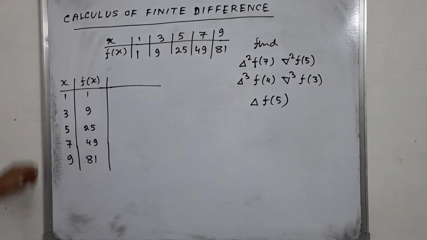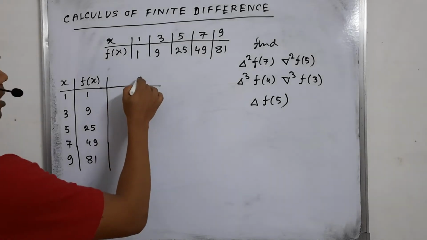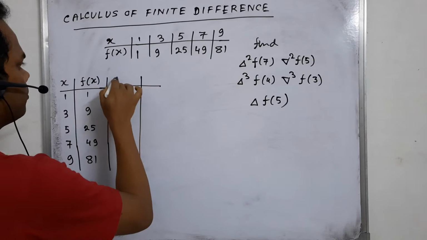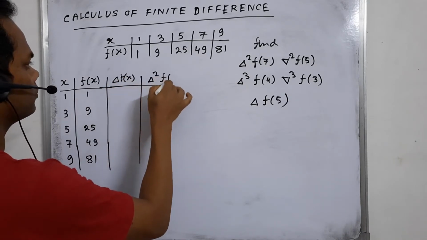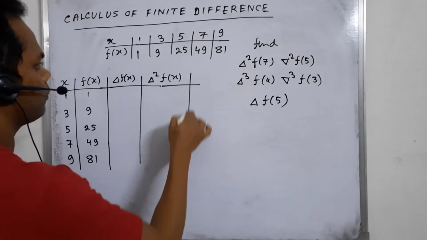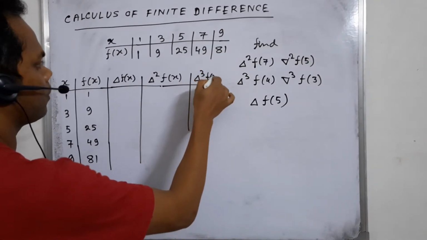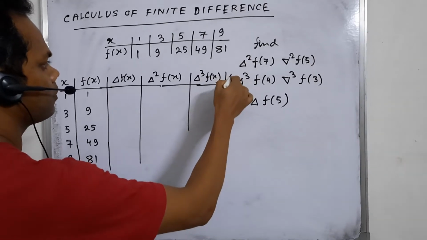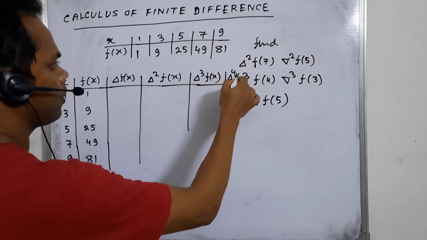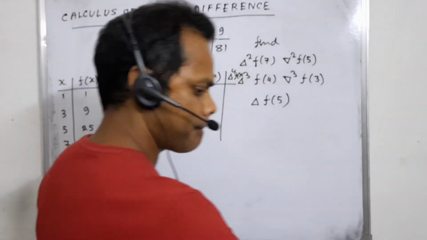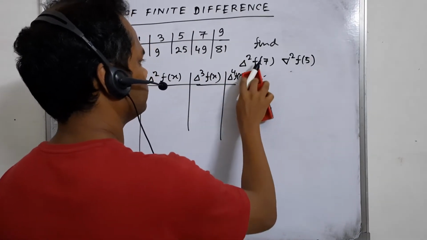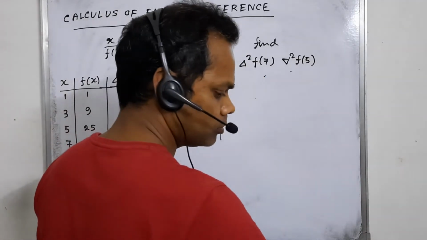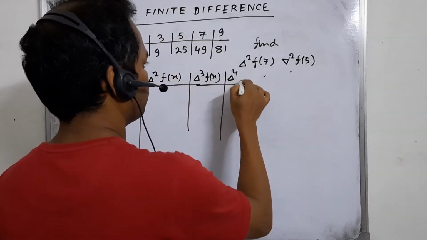Now you see that there are 5 values of x, so the highest power of delta is delta to the power 4, delta to the power 4 f(x).